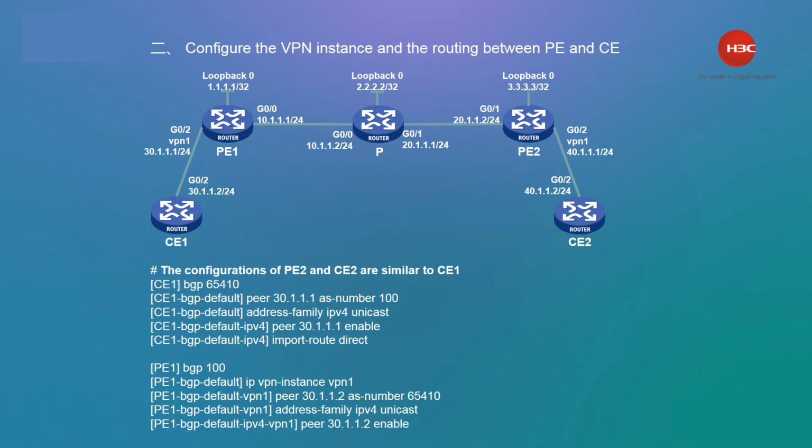PE adds RD and export target attributes to these standard IPv4 routes and assigns MPLS labels to them to form VPNv4 routes. The configurations of PE2 and CE2 are similar to PE1.